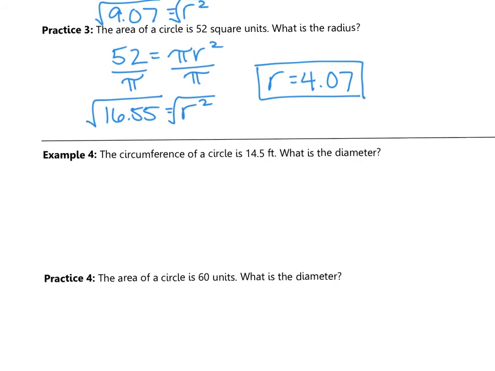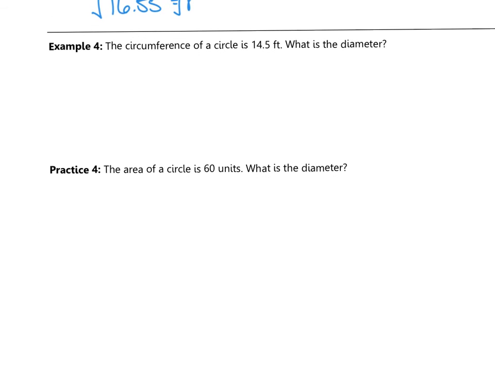Okay, and now it's time for our last example problem. We are being given the circumference of the circle this time, and now we're being asked for the diameter. Because we're being asked for the diameter, I'm really going to encourage you to use the formula of diameter times pi, okay? But I will show you how to do it with the other formula just in case you choose to use that one.